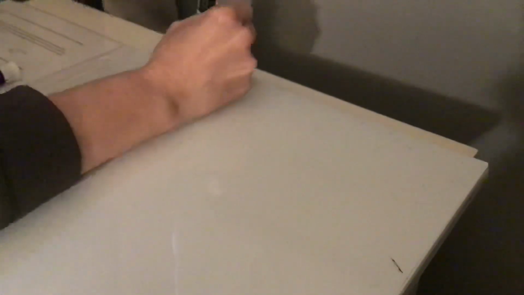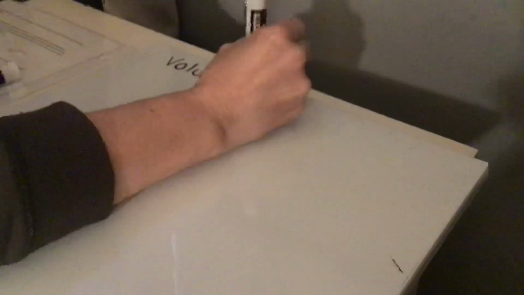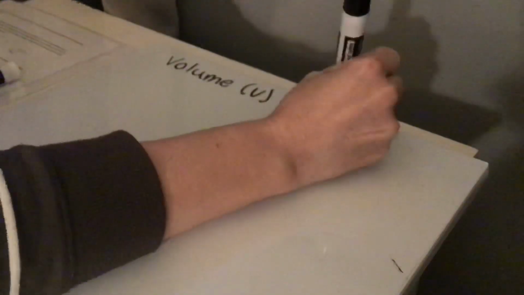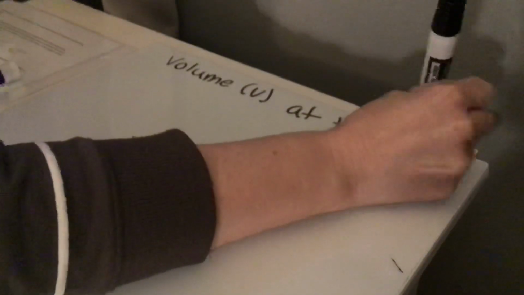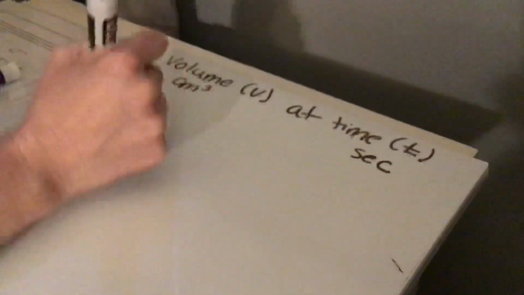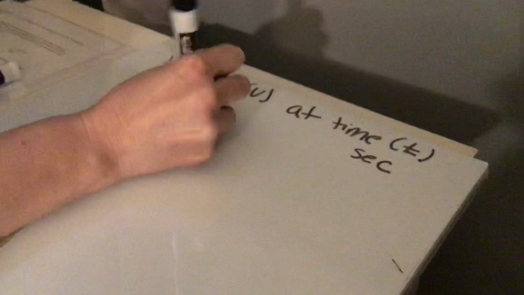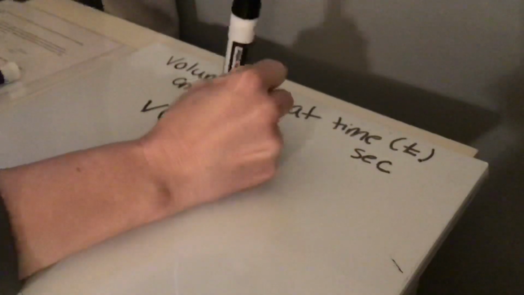Then if we ask ourselves to find the volume of a balloon at time t, and the volume is in cubic centimeters, and the time is in seconds, given by the equation that volume depends on time is equal to 20 times e to the t power.